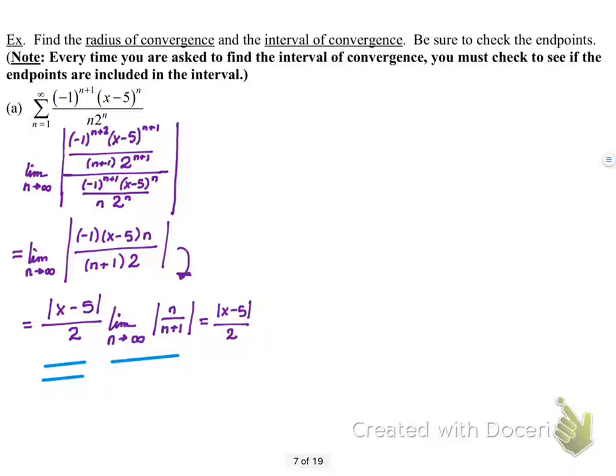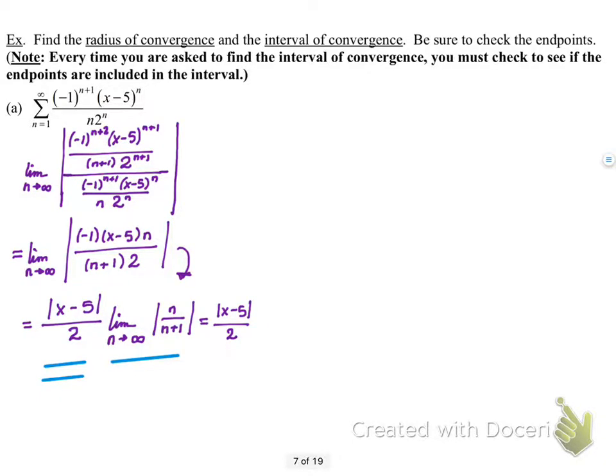Now we know that we want a radius of convergence. The ratio test says that a series will converge if the limit of the next term divided by the current term is less than 1.